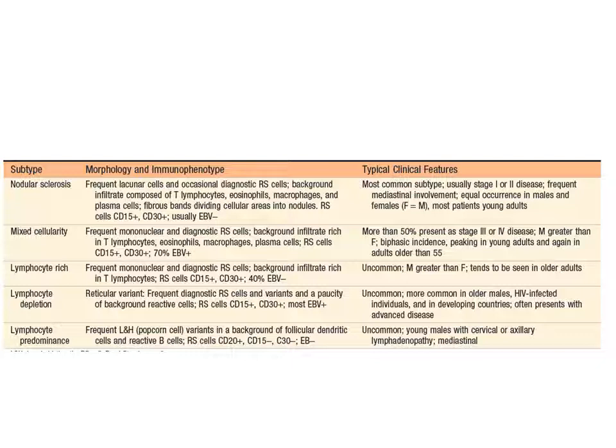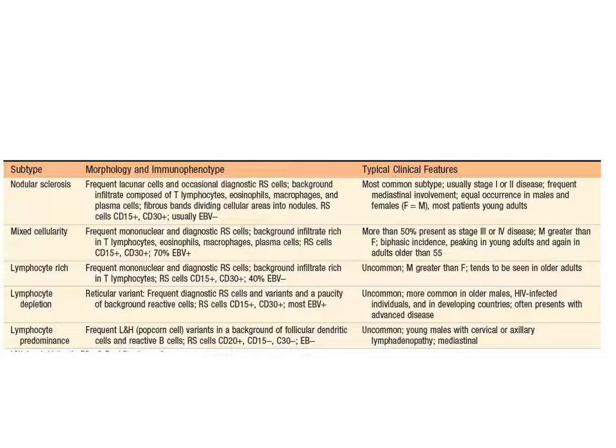Background infiltrate composed of T lymphocytes, eosinophils, macrophages and plasma cells. Fibrous bands divide cellular areas into nodules. The RS cell, the neoplastic cell, is CD15 positive, CD30 positive, and usually Epstein-Barr virus negative.